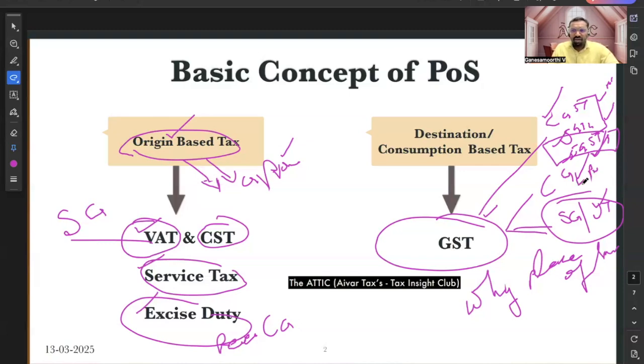For this purpose, place of supply is very important in GST, because GST is a destination-based consumption tax. The state which consumes the goods or services will get the revenue. This is a very simple concept. Where the goods are destined or where the consumption happens, that state is eligible for the revenue.